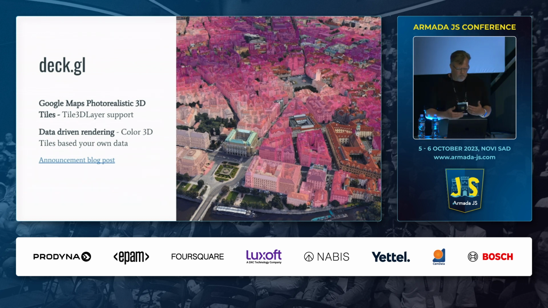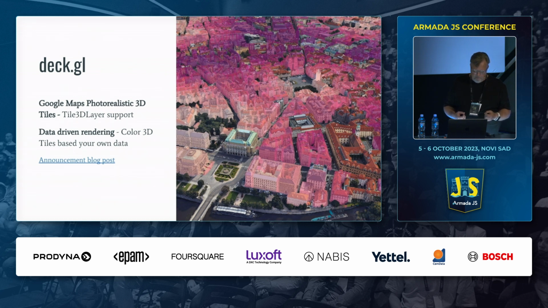So we had to do a little bit of work to get our tile 3D layer to work with the way they manage tokens and other things. But today you can just go to Google, get a token, input it into the tile 3D layer together with a URL, and you're up and running, and you have this type of visual data available for 2,000 plus cities around the world, and it is just amazing the visual impact it has.